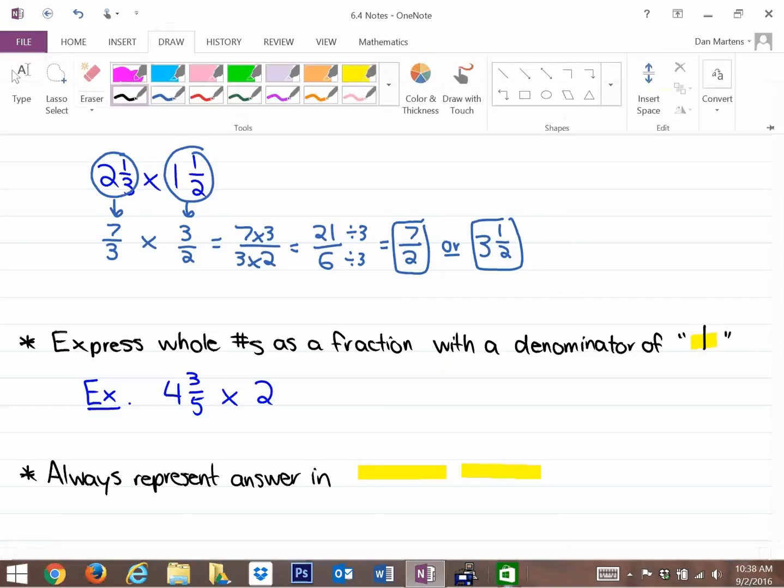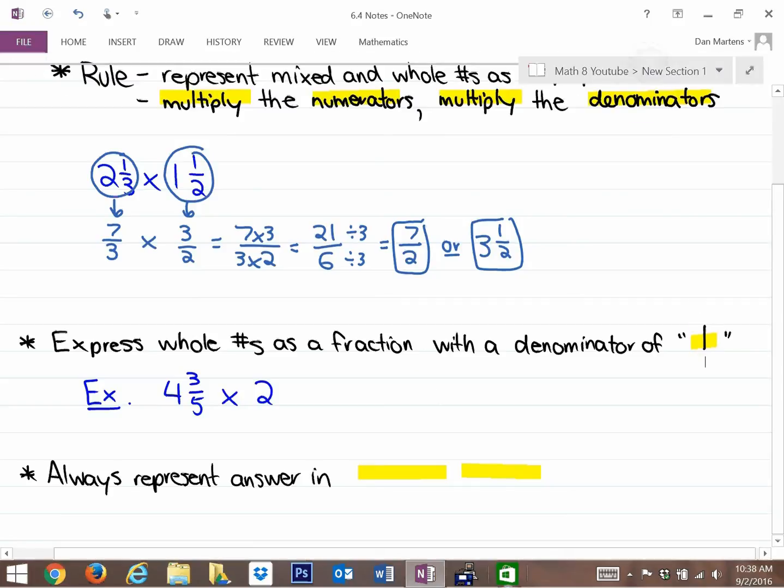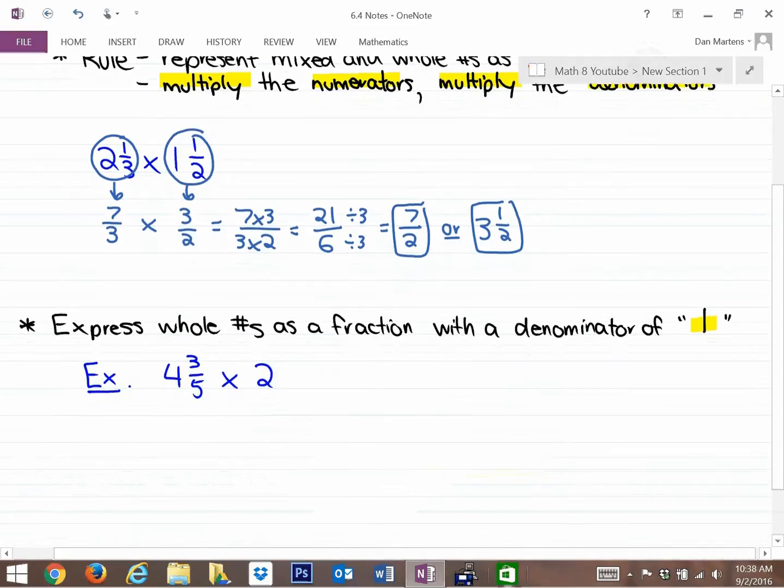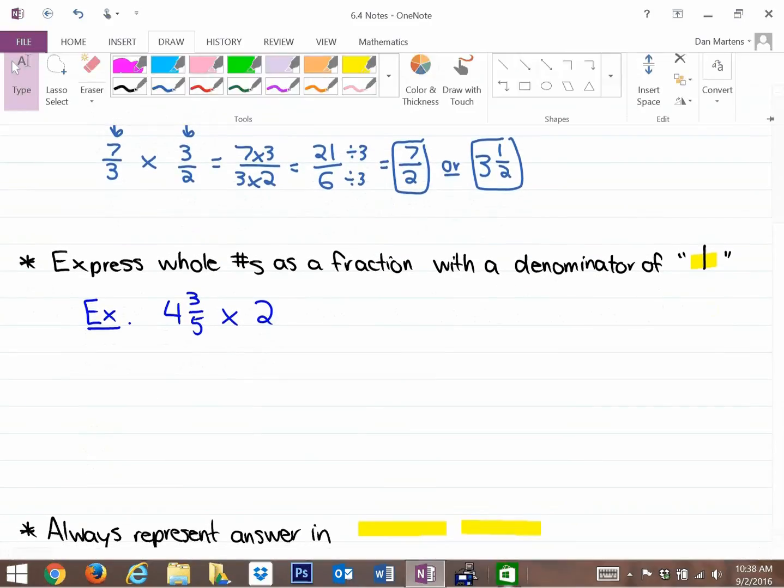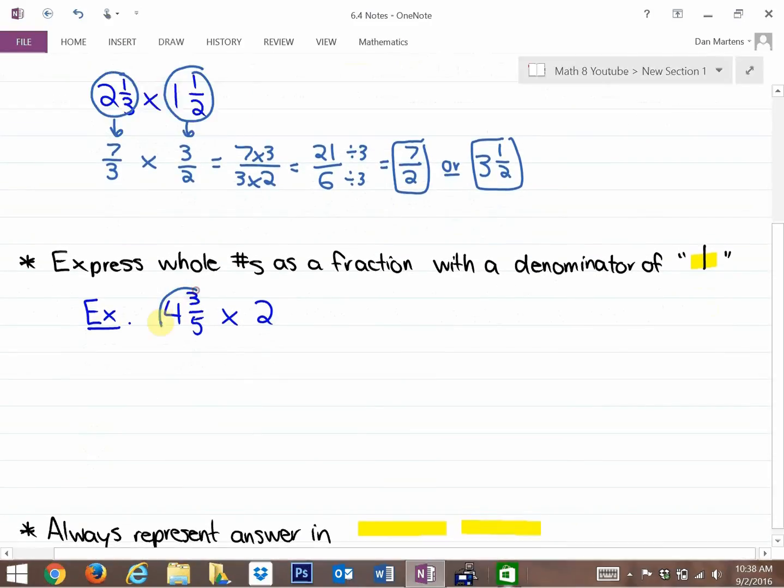So step number 1 again is any mixed numbers or whole numbers we have to make into improper fractions. So we know how to do that with 4 3/5. 4 groups of 5 plus 3 is going to be 23/5. And now we know that 2 is the same as 2 wholes. So to make that into an improper fraction, it's just 2/1.